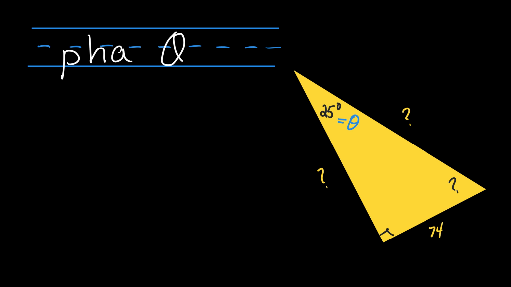We're using lowercase theta. So it's going to look something like that. It's tall, like the H is, but has this little swooshy part. So when I write a bunch of them, they would look like that. That's what theta is supposed to look like when you're drawing it on your paper.